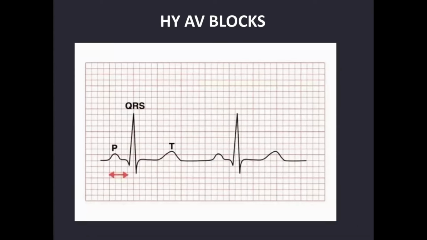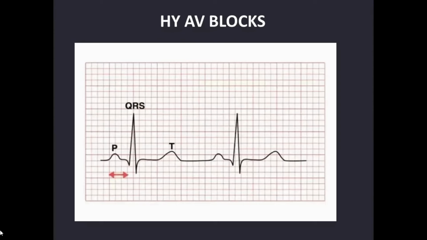In normal, you have the P waves, QRS complex, T waves, and the PR interval begins from the start of the P wave to the beginning of the QRS complex. Now, in a normal EKG, the PR interval is less than 200 milliseconds, which is equal to 5 little boxes on the EKG.